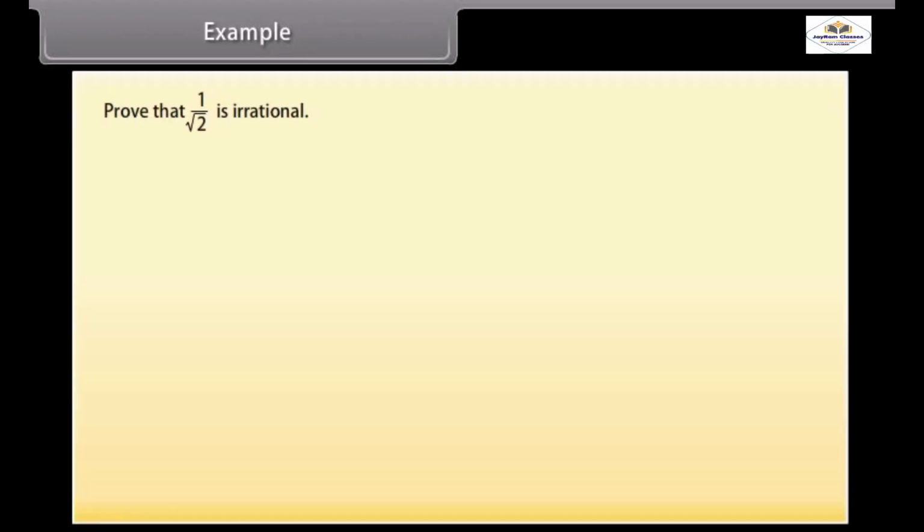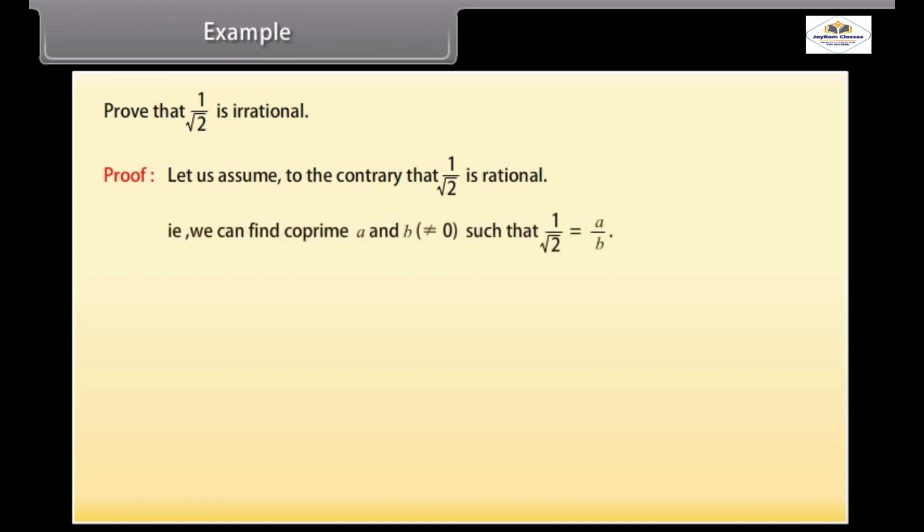Example. Let us solve an example now. Prove that 1 upon square root 2 is irrational. Proof: Let us assume to the contrary that 1 upon square root 2 is rational. That is, we can find coprime a and b, where b is not equal to 0, such that 1 upon square root 2 is equal to a upon b. Therefore, b upon a is equal to square root 2.